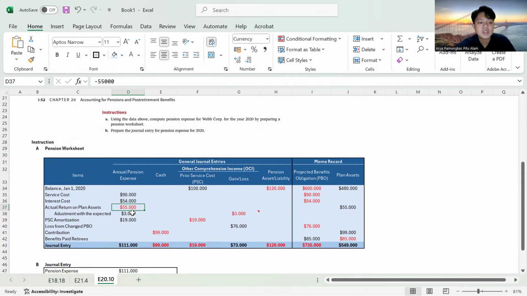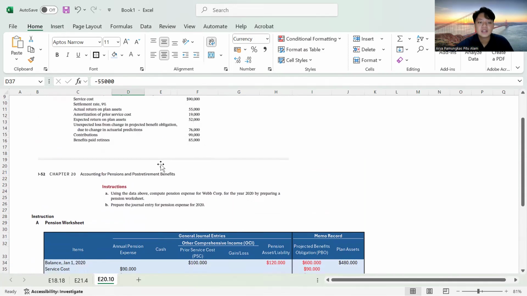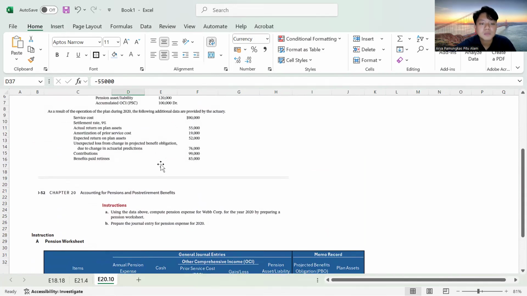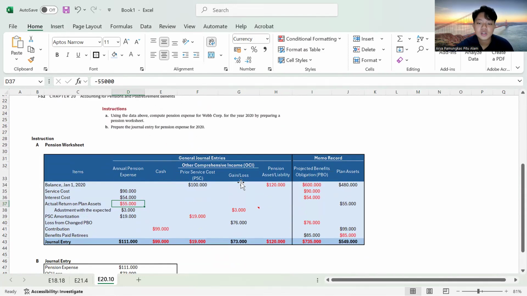And then the adjustment with the expected return on plan assets: the expected is 52, but the actual is 53, so we are just going to give a little adjustment, $3,000 on annual pension expense and minus $3,000 on gain or loss.